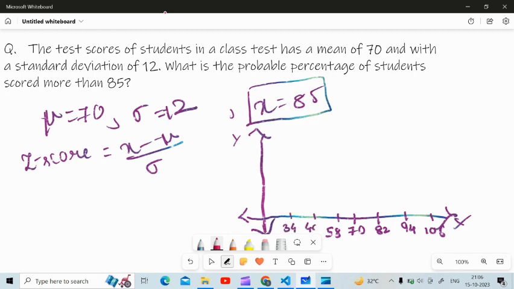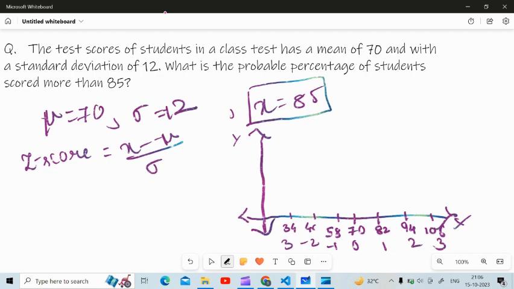Based on that you have built the standard normal distribution. If you use a z table, you will be getting 0, 1, 2, 3, and over here -1, -2, -3. If from the mean you subtract the standard deviation, you will be getting this.